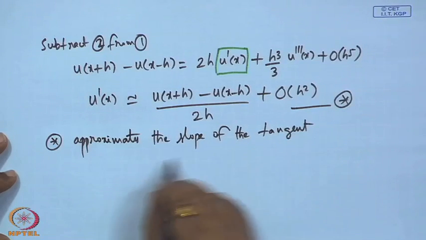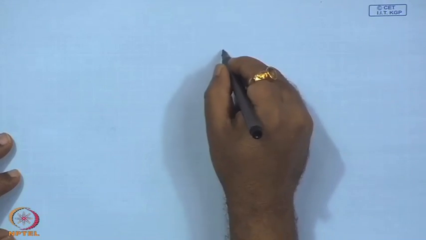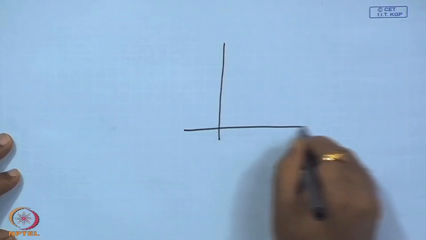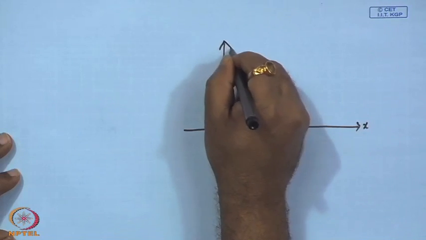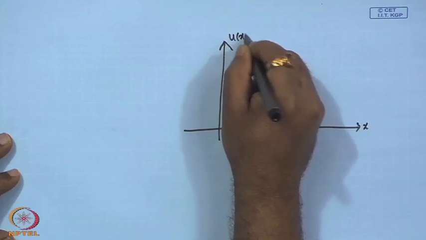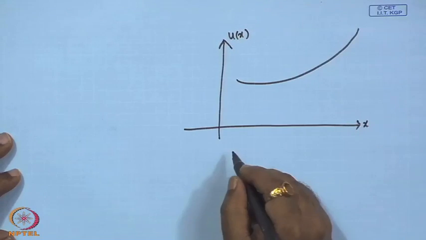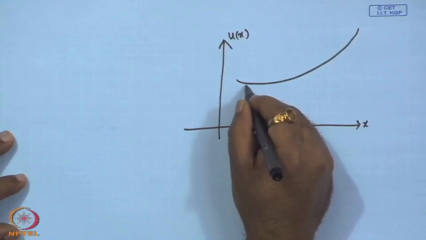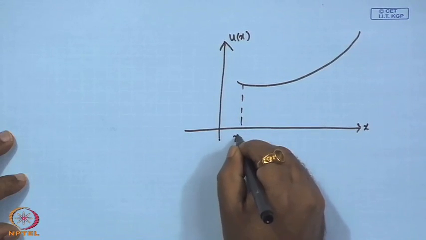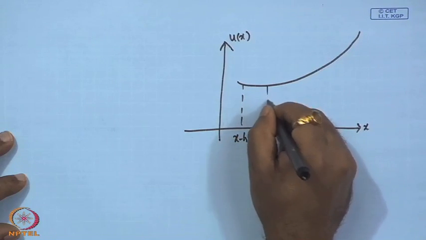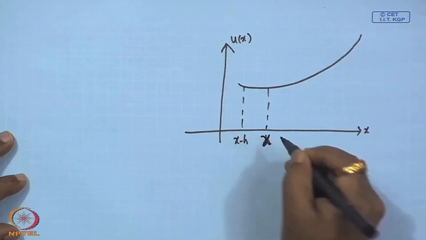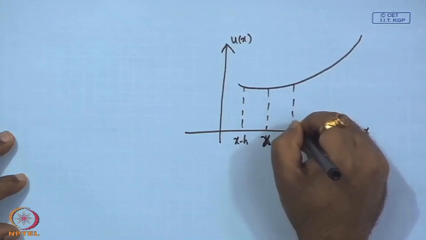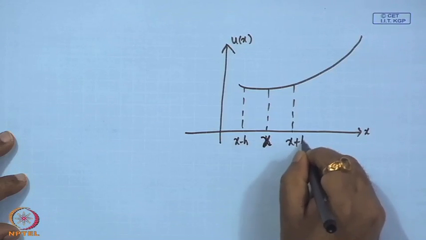In what sense? Suppose the function looks like this, and say this is x minus h, this is x, and this is x plus h.